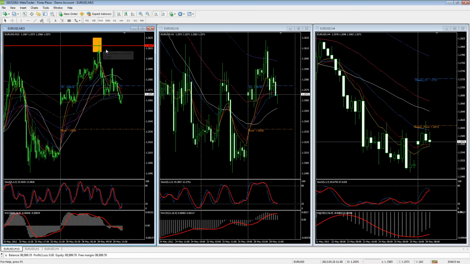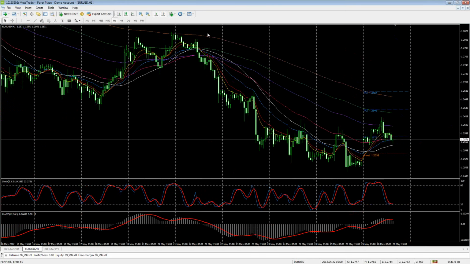Before this resistance area here, moving averages only served as support, but here, let's see on the 1 hour chart. Well, you can see here that on the 1 hour chart, unlike the pound dollar that stopped dead on the 100 moving average, here it didn't. Okay, it didn't stop.